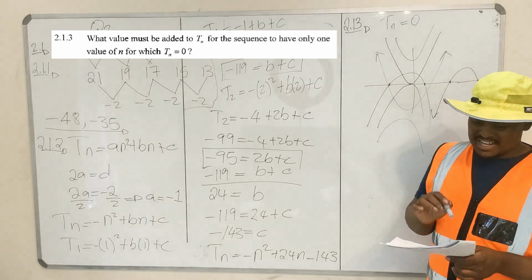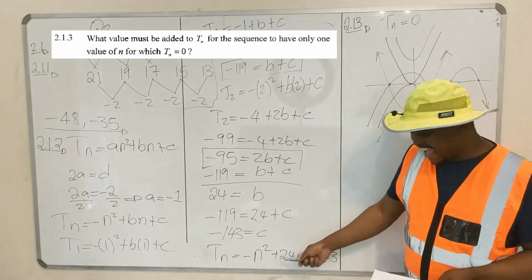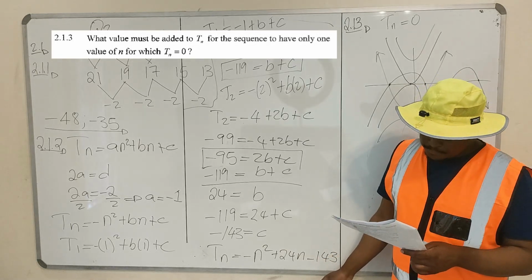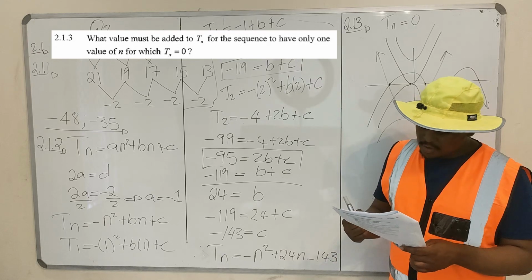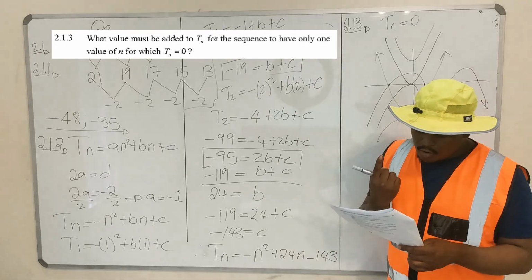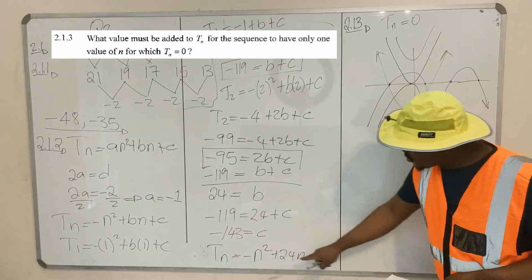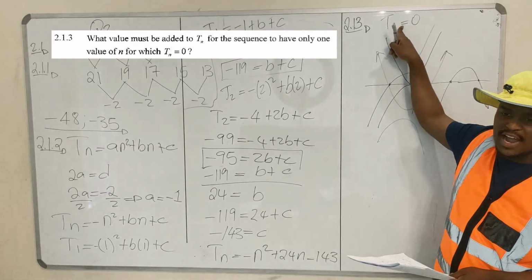So, what they are saying here is, what value must be added to Tn such that the sequence has only one value of n for which Tn is equal to 0. On this one, it's clear, I would think that there are two values for which Tn is equal to 0, right?